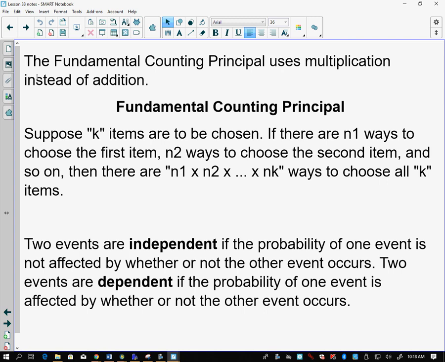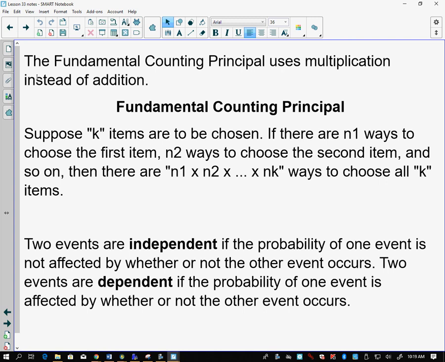So 2 events are independent if the probability of one event is not affected by whether or not the other event occurs. We use words like replaced to indicate that things are independent. So for instance, if I have a bag of colored marbles, we've got 3 red, 4 blue, 5 green, something like that, and I say, what is the probability of Diego pulling out a red marble, putting it back, and then Axel pulling out a red marble?